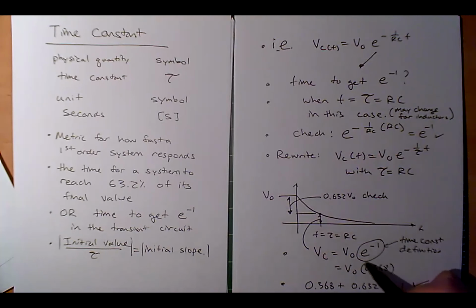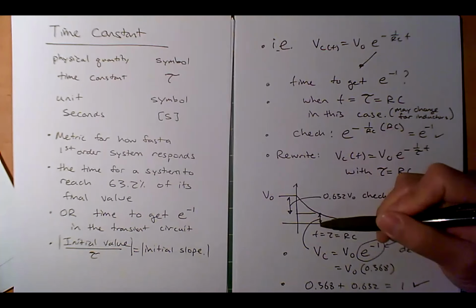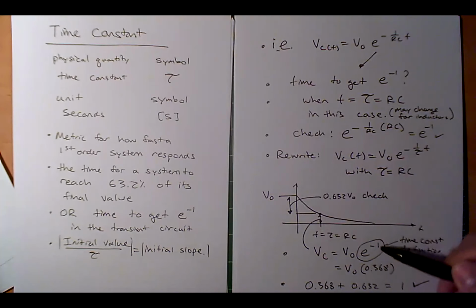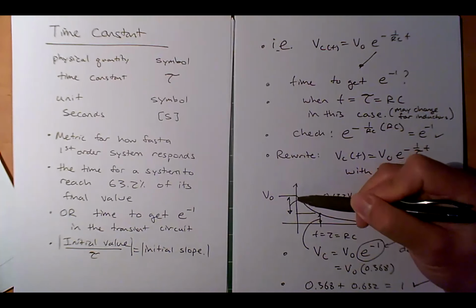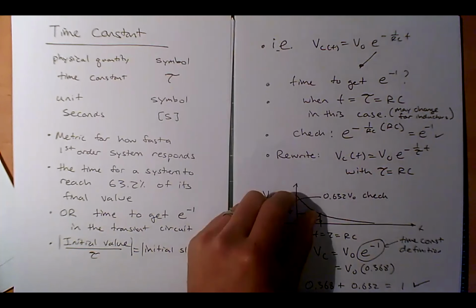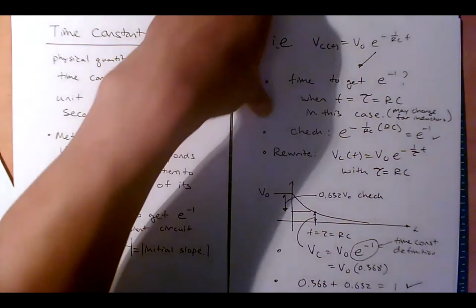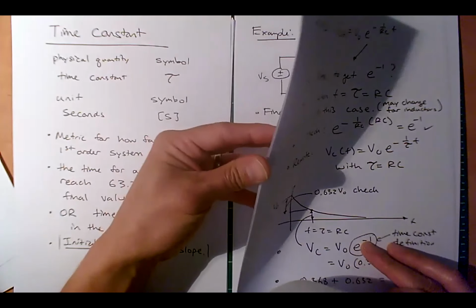So e to the minus 1 ends up being this 0.368 number. And you can see this is the time. If the time was RC, you get e to the minus 1, and this is the time where we've fallen 63%, or come close to 63%, to the final value. In this case, the final value is 0, right? All right, let's keep going.